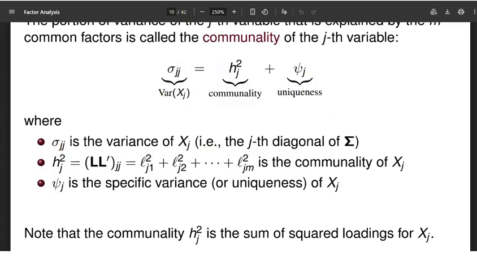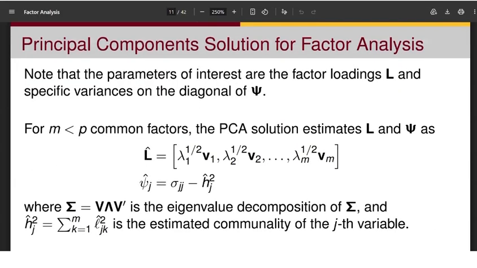Now, the question is, I've already stated the factor analysis model, but what I want to walk you through right now is this: if I want to estimate, if I want to uncover factors that explain relationships among variables, there are different kinds of methods that we can use. The first method, we can decide not to go through a statistical method.